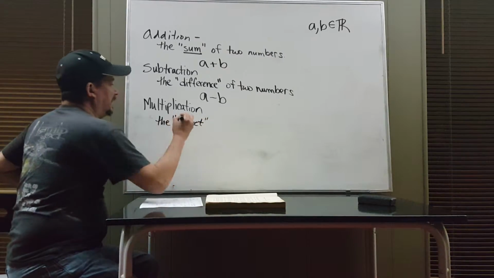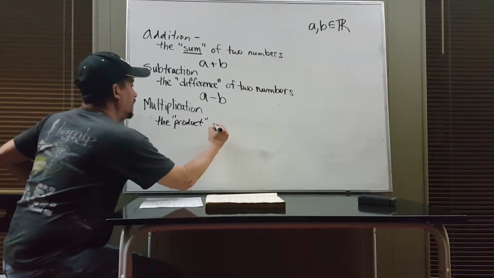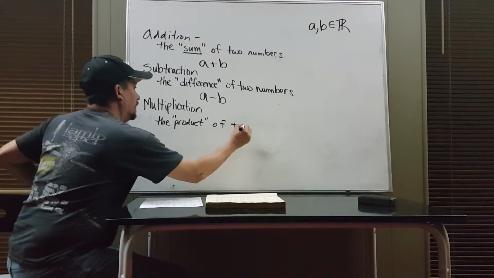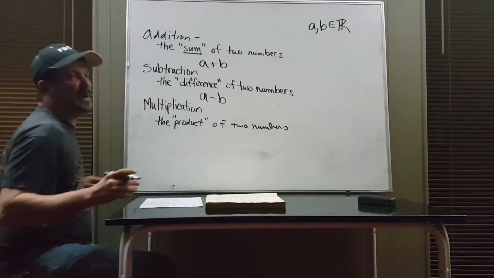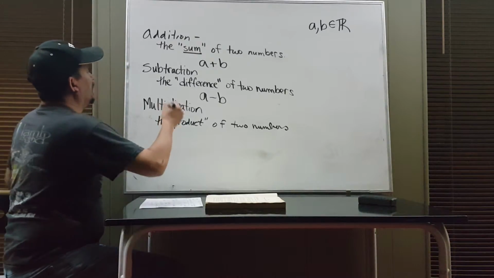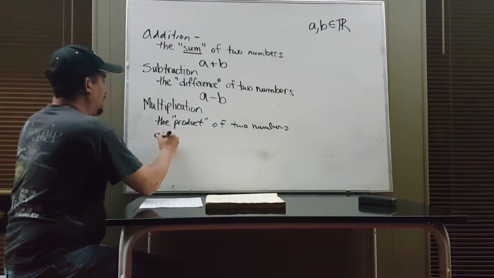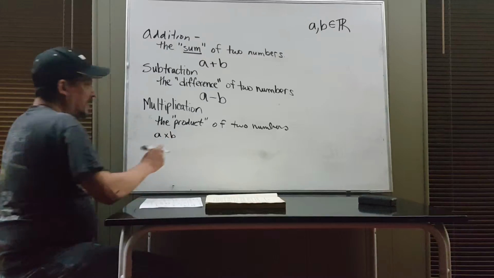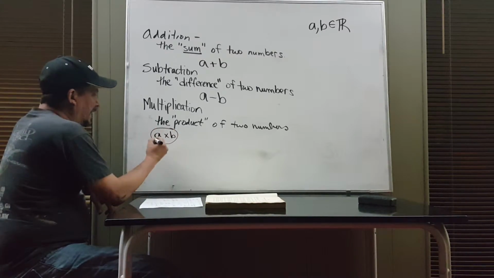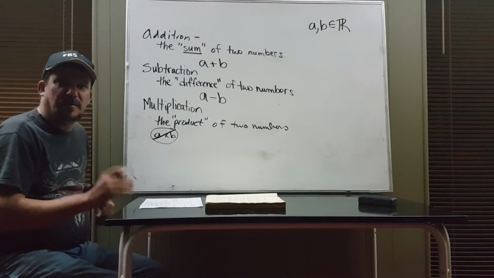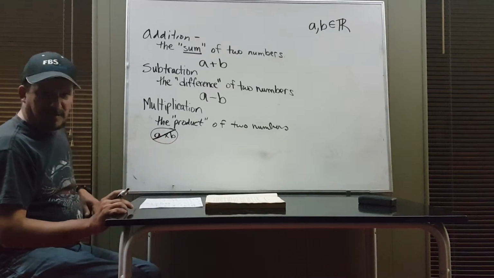We recognize this as the product of two numbers. But some of you may already know that there are more than just A cross B. And cross, this is something that we really don't like to use. Very few mathematicians use this notation today.